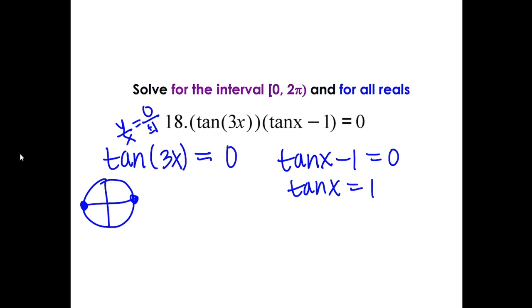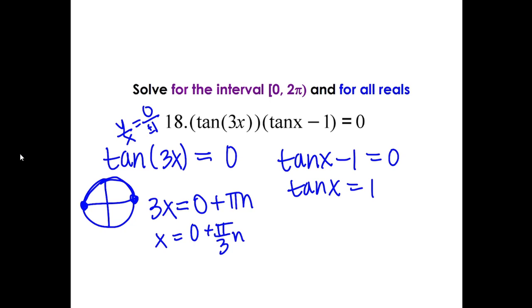And we'll do for all reals first since I'm doing blue already. And so that means 3x equals 0, well, actually plus, and we can cover it with pi n, like that. So that will get us it. And then x equals 0 plus pi over 3 n.